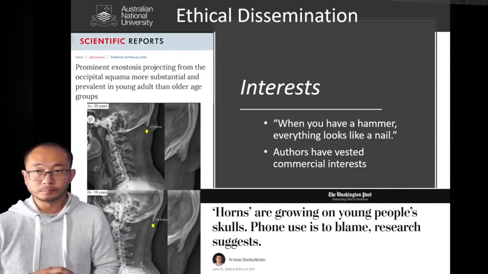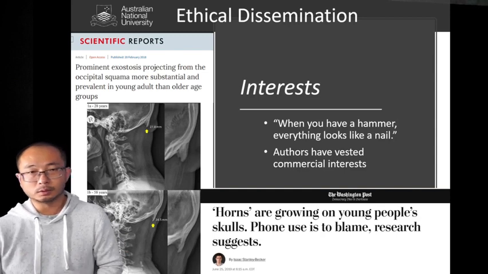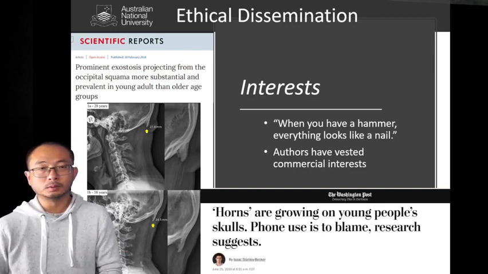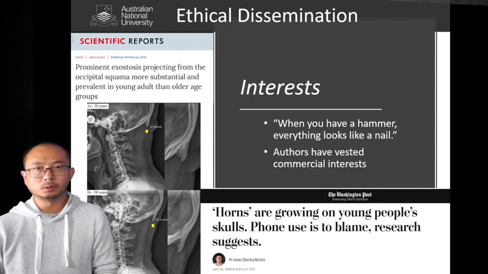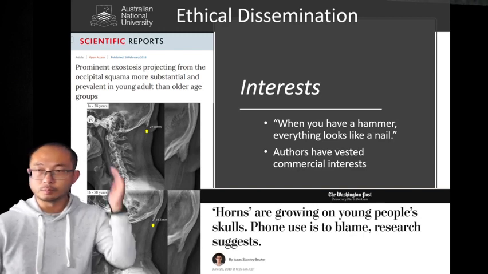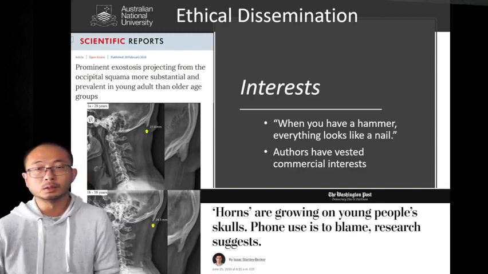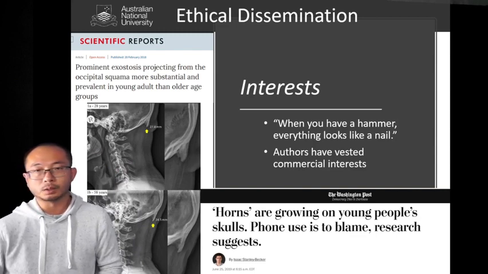And then it turns out that these were people trying to sell orthopedic pillows for people to lie down to sleep on. So there's a vested interest in publishing this article.